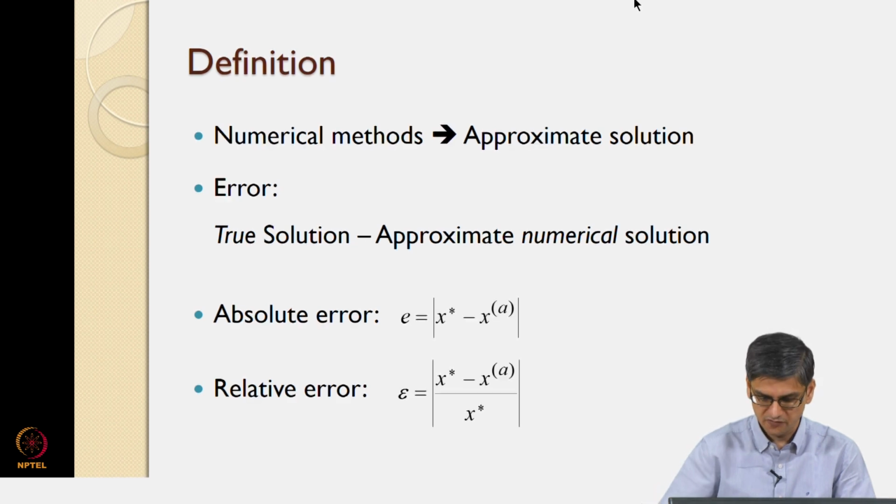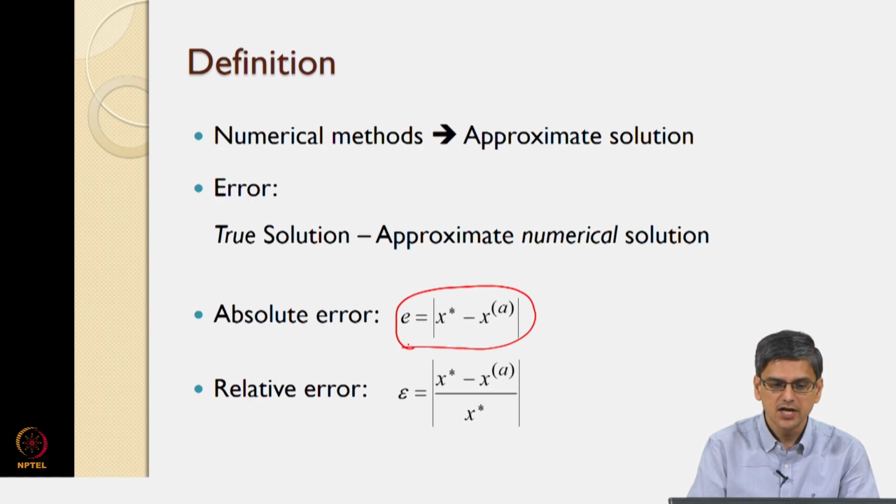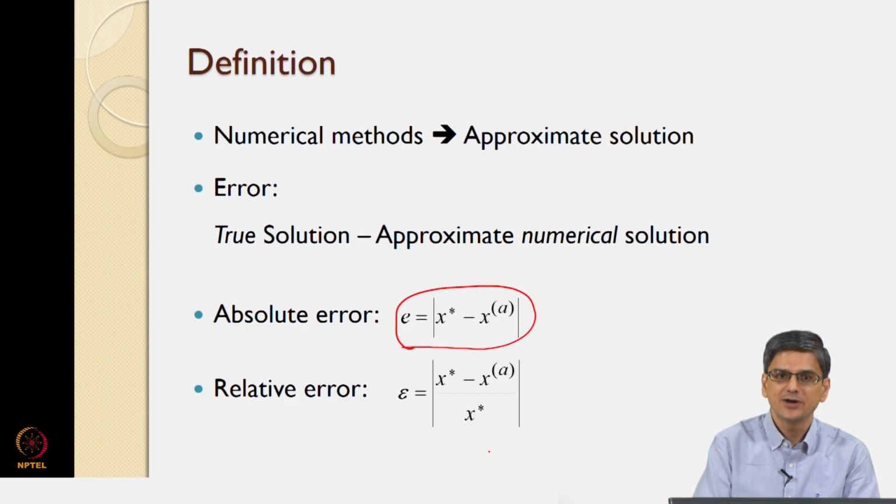The definition of error is shown over here. We are going to mostly use the definition of absolute error. The absolute error is nothing but the true value of the solution minus the approximate numerical solution that we have at this point of time. Relative error is just the true value minus the approximate value divided by the true value. When it comes to errors, it does not matter whether the error is in the positive or negative direction.